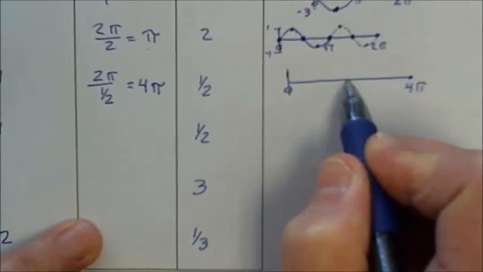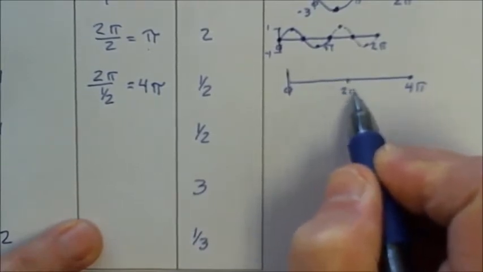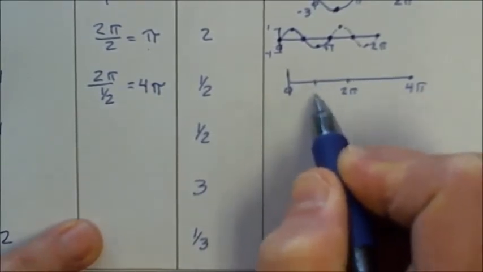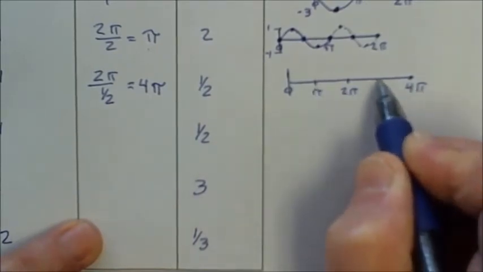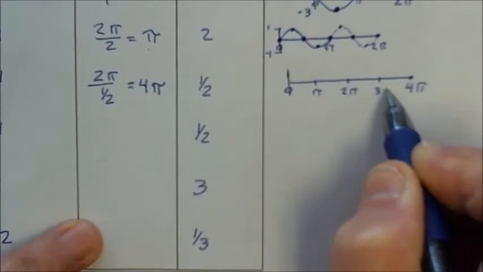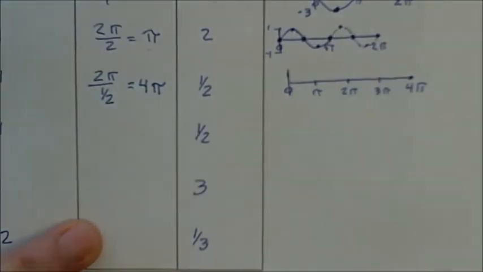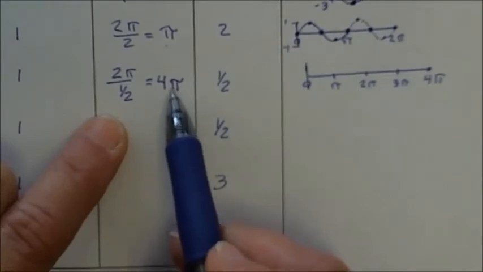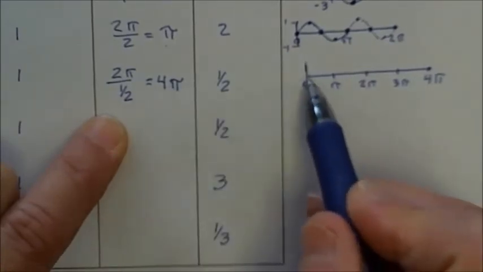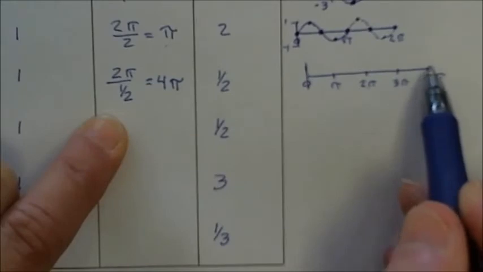That means let me mark halfway would be 2 pi, and half of 2 pi would be pi, and between 2 pi and 4 pi would be 3 pi. All right, so for one complete cycle requires a length of 4 pi.